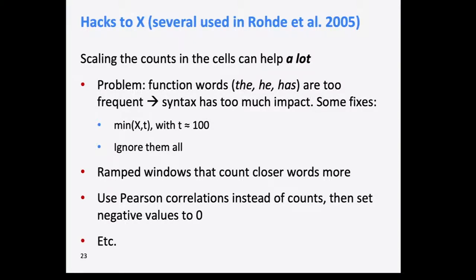So rather than using raw counts, you have to do something to deal with those very high frequency words. One idea is you could log scale them, which is also commonly used in information retrieval. Another idea is you could just use something like a ceiling function, so you take the minimum of x comma t, with t set to some number like around 100.